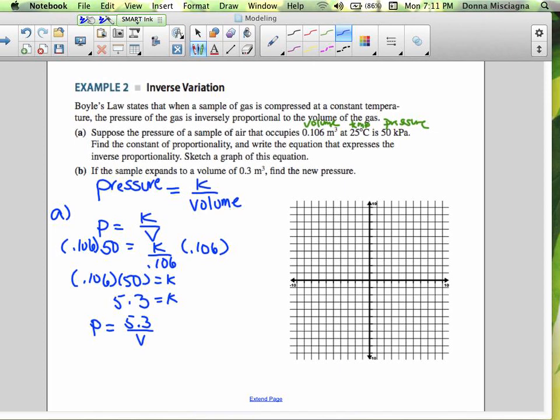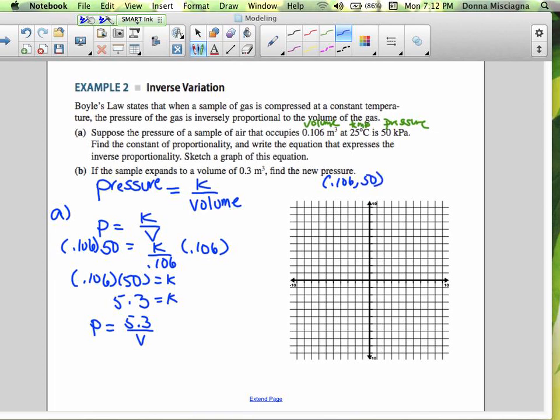And we're asked to sketch a graph. Well, volume has to be positive, so we're going to stay on the positive side here. And obviously we can't have 0, because if you divide by 0, that would be a problem. So let's think about the scale. Let's graph the point we're given, 0.106, 50.